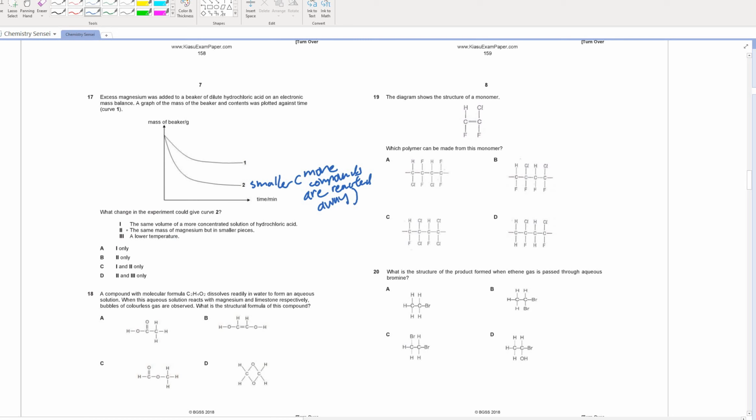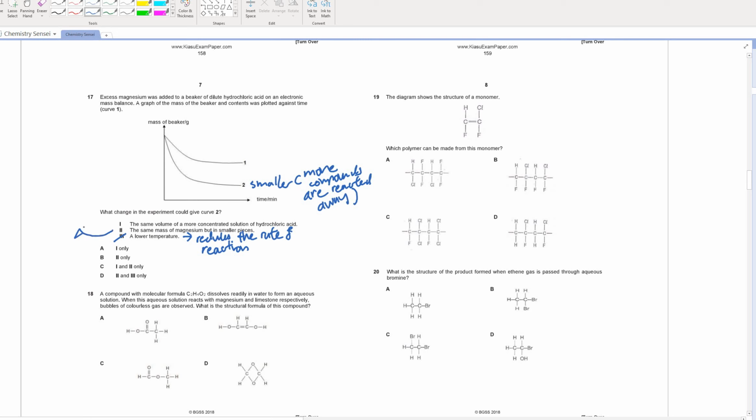For statement 3, a decrease in temperature only reduces the rate of reaction. It does not change the amount of product formed or the amount of reactant left. So statement 3 cannot be the answer. How about statement 2? The mass of magnesium but in smaller pieces.